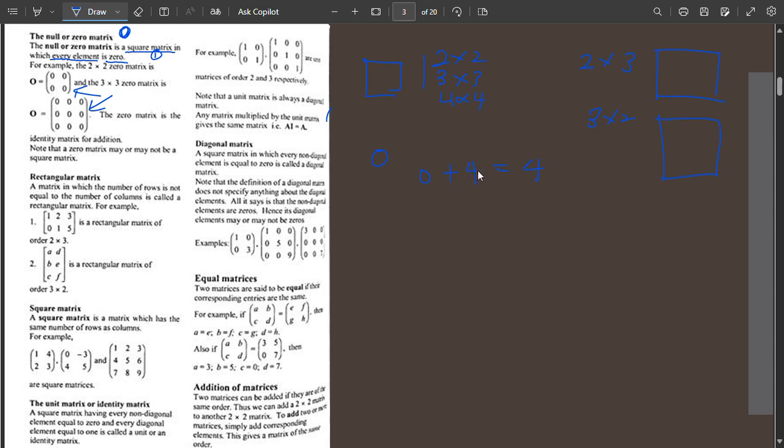We get the same. If this is our object, this is our image, our object always remains the same as our image, which means that this 0 is an identity element in this addition process. In the same way, multiplication has 1 as the identity element, because whenever you multiply a number by 1, you get the same number. So we say this 1 is an identity element. Identity elements mostly act as mirrors.